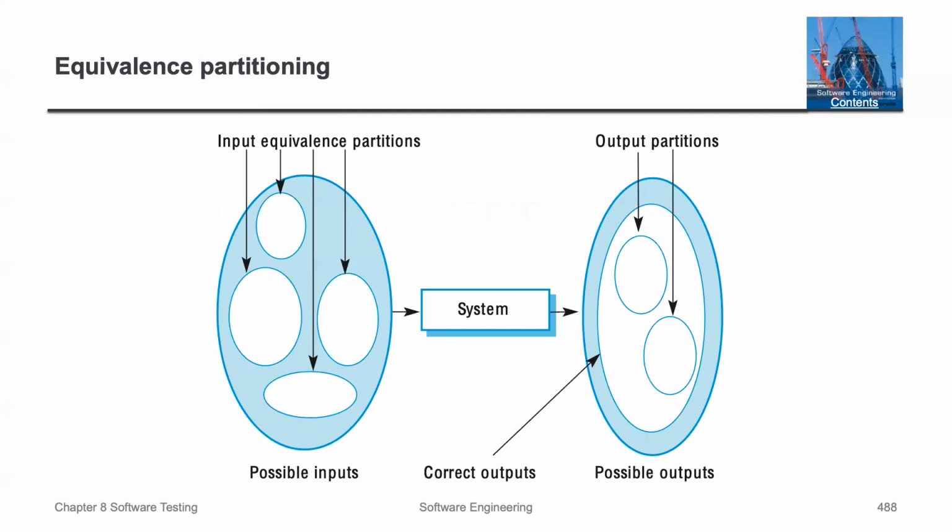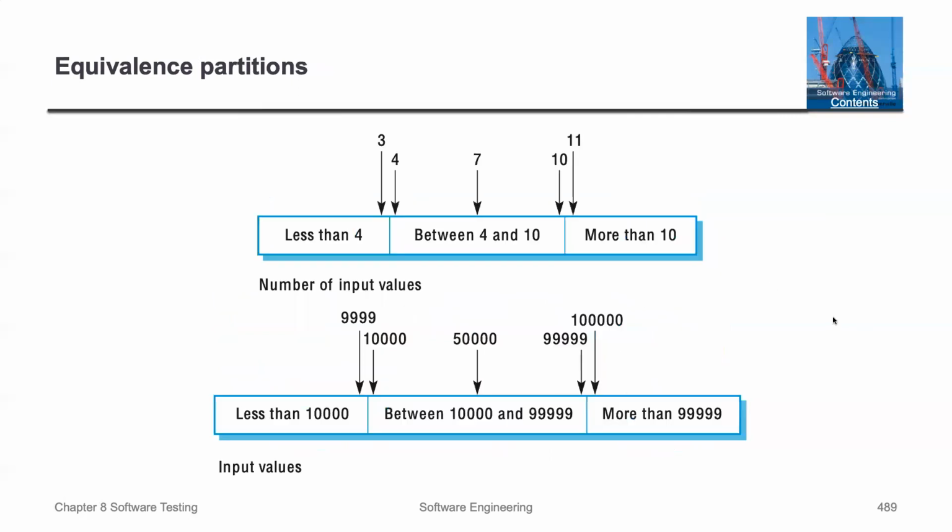So here's an illustration of an equivalence partition. And so you can have a variety of inputs, and you're going to be selecting the input equivalence partitions, feeding those into the system, and then validating that you're getting the correct outputs. Here's another illustration of equivalence partitions.